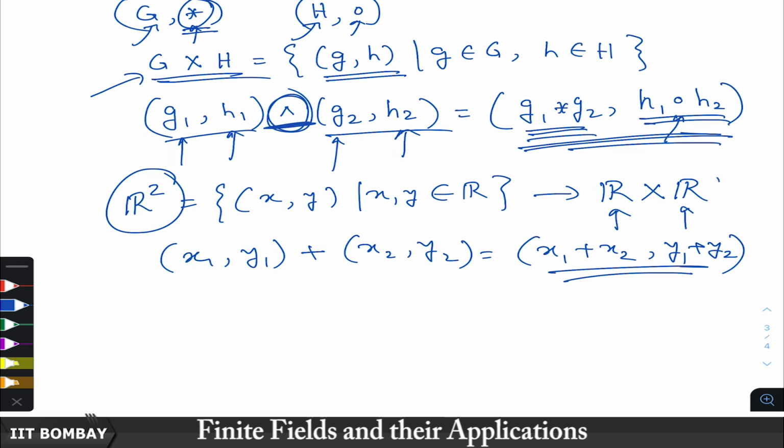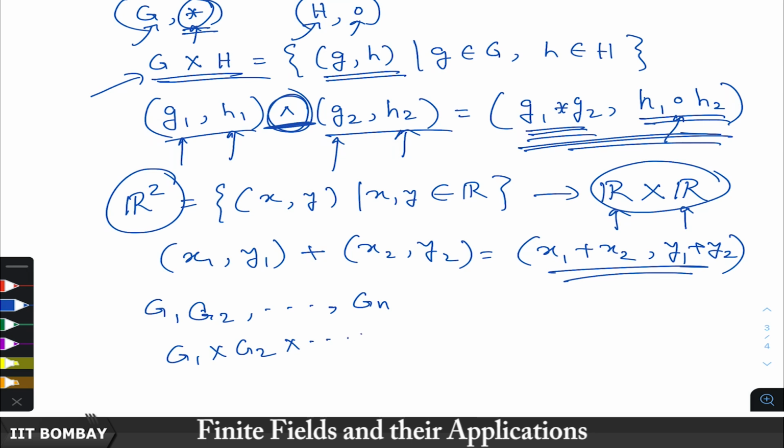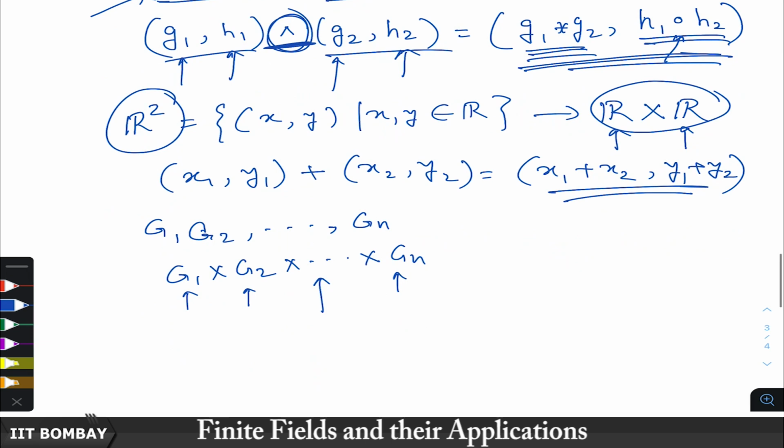And when we take R2 for example, this is exactly the direct product of R with itself. So, you can take the direct product of any number of groups. For example, if you have G1, G2 up to Gn, you can define the direct product G1 cross G2 cross up to Gn. Again, these are n-tuples where the ith element is from Gi, and the operation is defined for the ith component according to the operation in the ith group Gi.